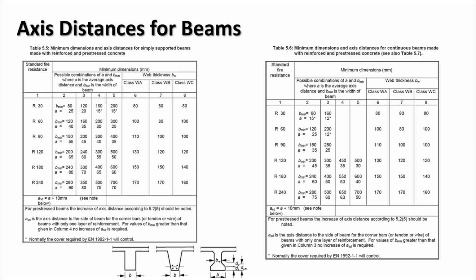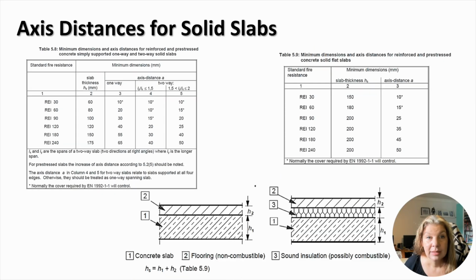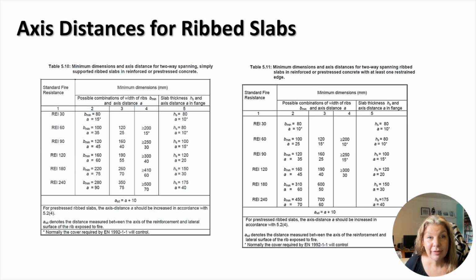Tables 5.5 and 5.6 contain data on minimum dimensions and concrete cover for fire for simply supported and for continuous beams with different cross-sections. Tables 5.8 and 5.9 in Eurocode 2, Part 1.2 contain data on minimum dimensions and concrete cover for fire for simply supported one-way and two-way solid slabs and flat slabs. And tables 5.10 and 5.11 contain data on minimum dimensions and concrete cover for fire for simply supported two-way solid ribbed slabs.